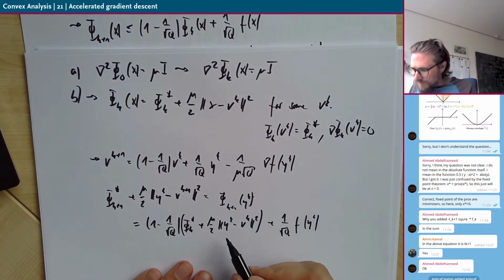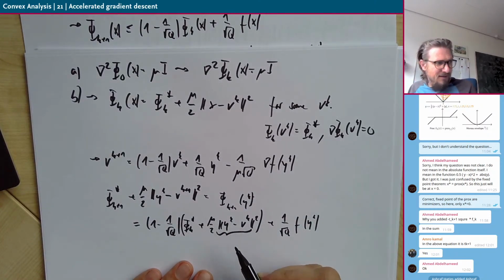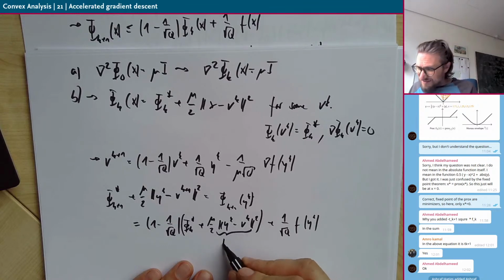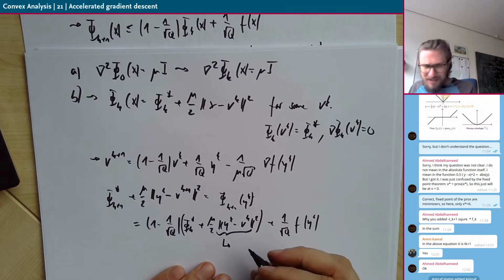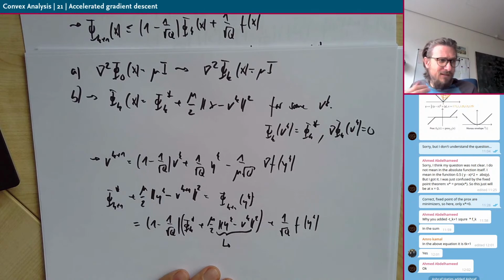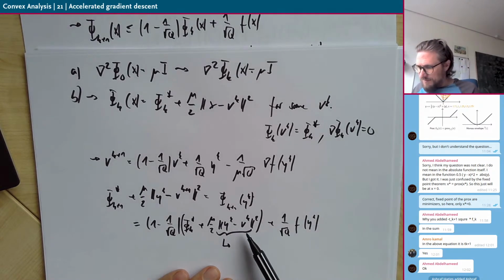The recursion for the v's will show you that this gets a little longer, and I'll just write that out once, so we put the recursion for v in here.